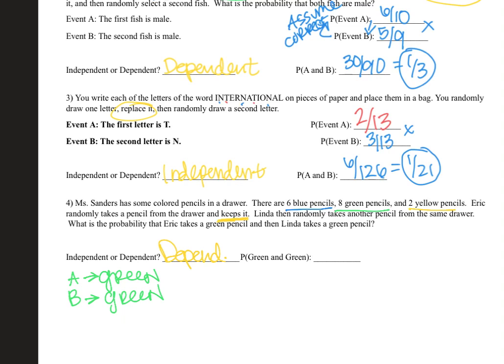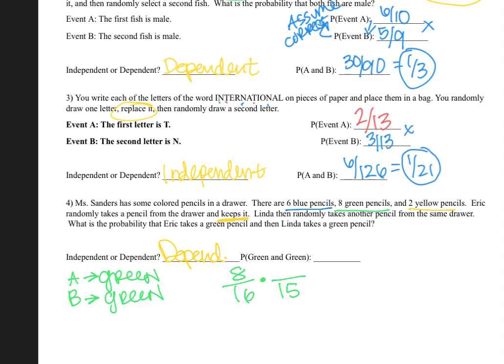Probability of green and green. So when Eric chooses a pencil, it is 8 over 16. I'm going to multiply that to, now I am assuming that Eric takes a pencil and he keeps it. So there are 15 total pencils left. Now I also have to assume that Eric did already pick a green pencil.